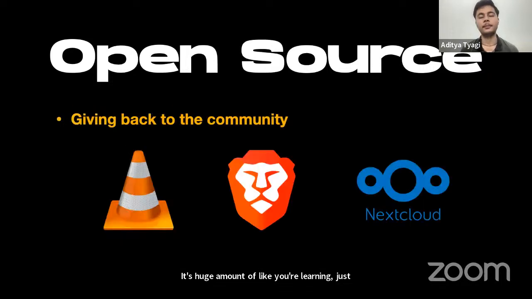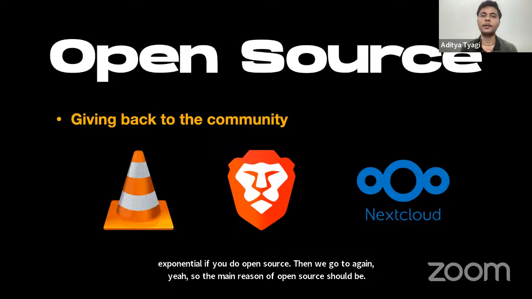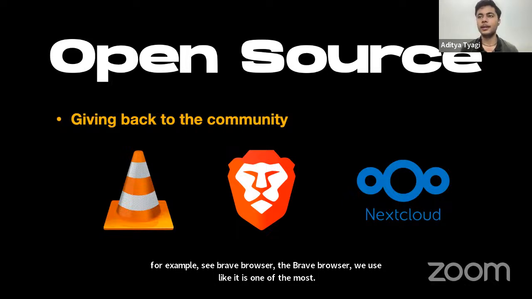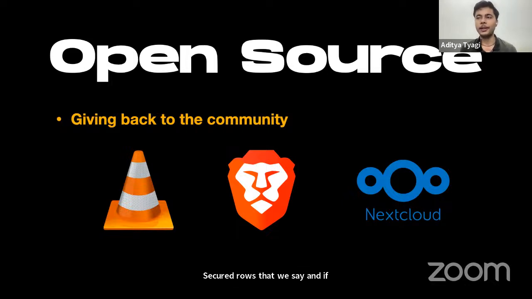Then again, the main reason for doing open source should be, first of all, giving back to the community. That means we are using open source software. For example, the Brave browser, which we say is one of the most secure browsers. As developers, if we take our responsibility, we want to fix any bug we see in Brave.